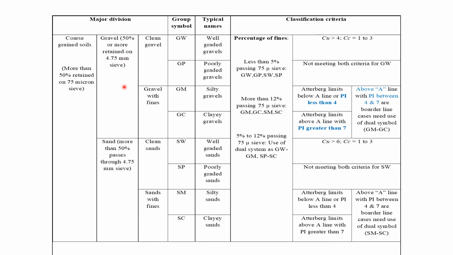What it says is that if that 400 gram, that means 80% of soil, you are going to sieve further using the 4.75 mm sieve, right?